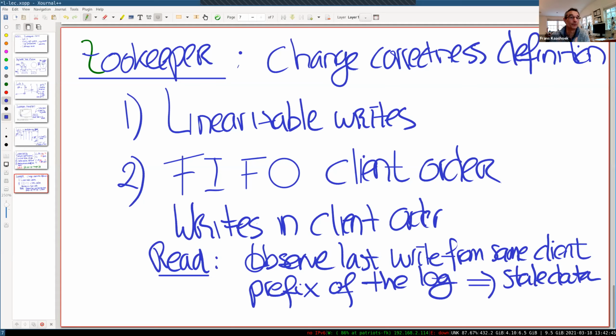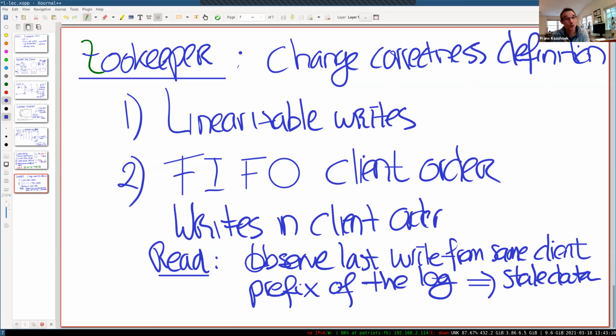Because you may read from a follower, and that follower has a prefix of the log, but not the last entries in the log, because maybe it lags behind a little bit. Nevertheless, that follower is allowed to return a value, because the only thing that Zookeeper guarantees is that reads observe a prefix of the log.